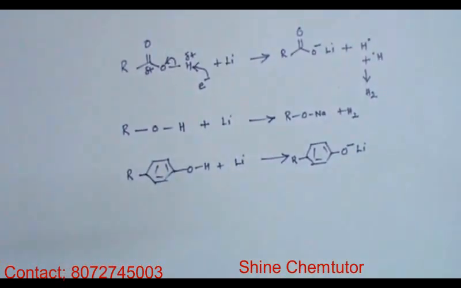The mechanism is same. What about other metals? Can I go for zinc or magnesium? No. They are somewhat less reactive towards this hydrogen. Alkali metals, which are highly reactive, will undergo such liberation of hydrogen from the compound which has acidic proton.